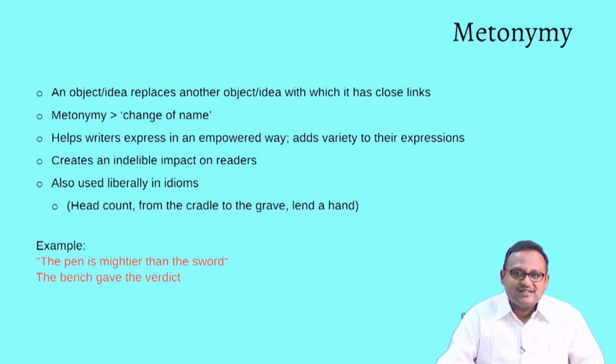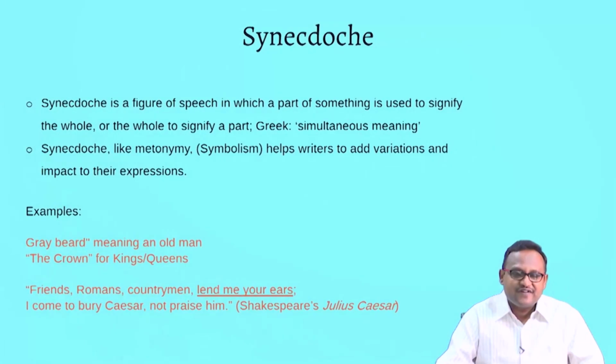We have another similar figure of speech called synecdoche. So it is slightly related to metonymy, but there is a minor variation. So we should not get confused here. Even in synecdoche, there is a replacement, but here, rather than any object replacing any other object, a part of the object replaces the whole object.